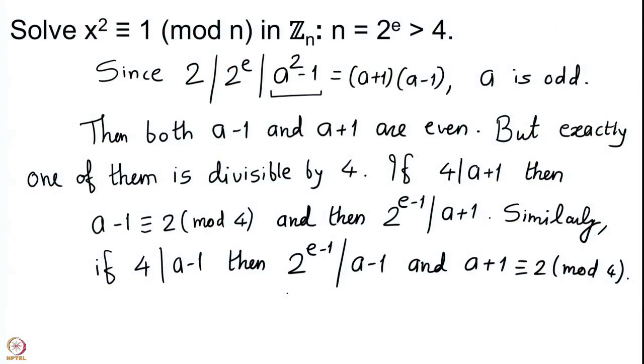So, this is what we have obtained, that if A is a solution to x square congruent to 1 mod 2 power e, then a plus or minus 1 has to be divisible by 2 power e minus 1.